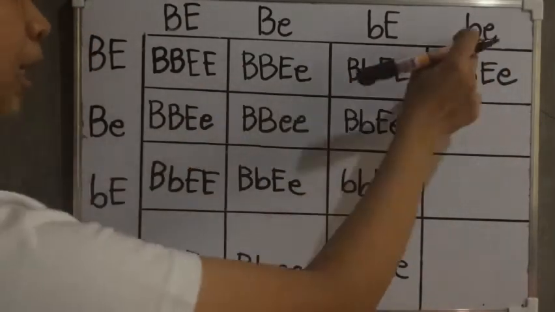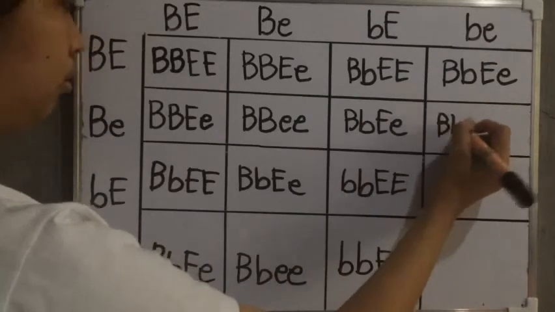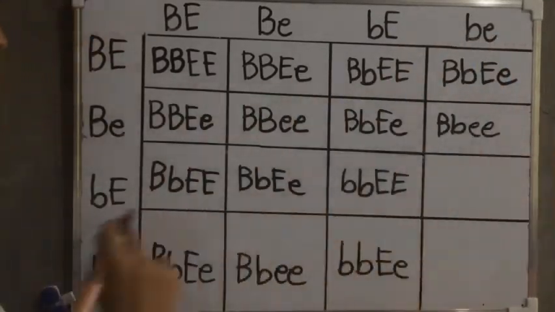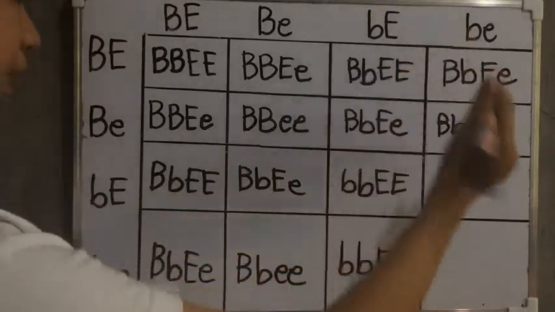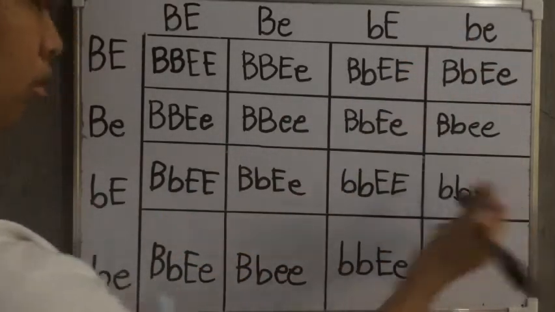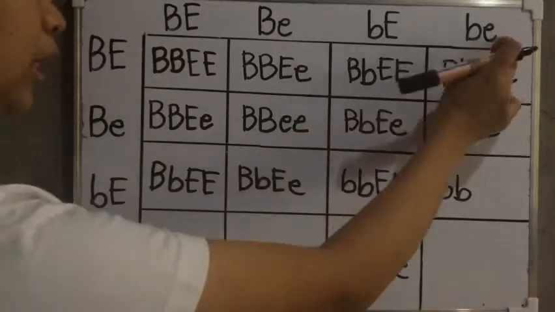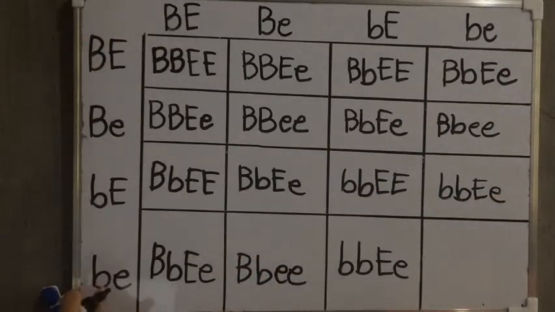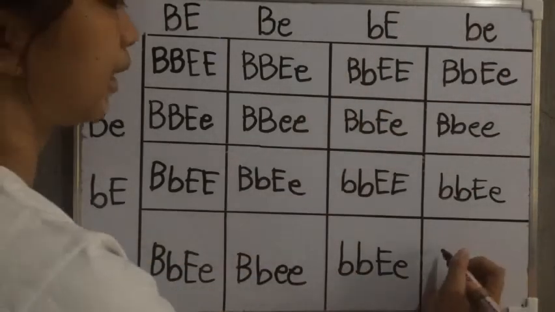Next, 1 dominant, 1 recessive, both recessive, both recessive, and then 1 dominant, 1 recessive. And for the last one, we have both are recessive.